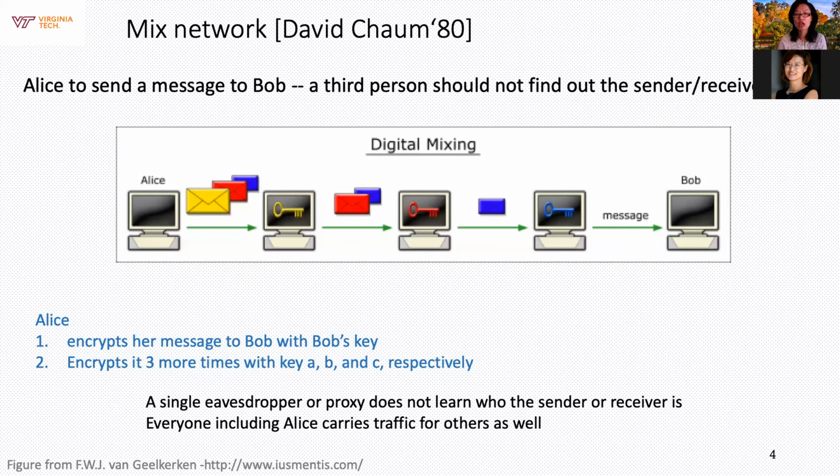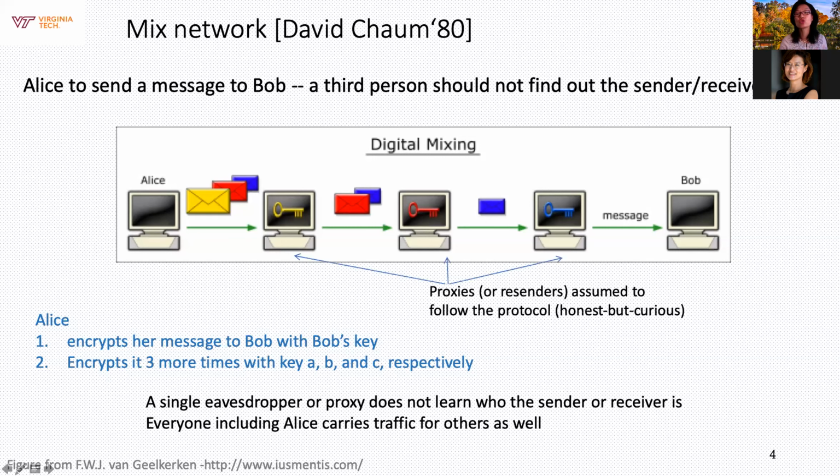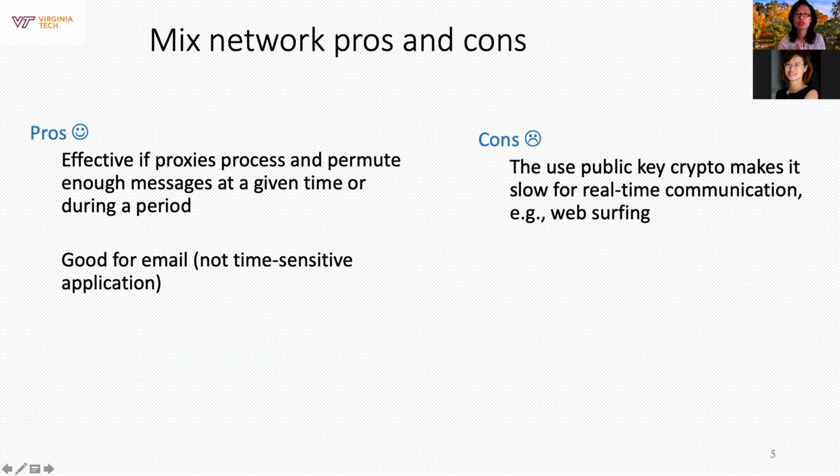And so you can work it out with the 3 proxies, and then it should be very similar. And the concept of this is widely used in TOR onion routing as well, which we'll talk about today.